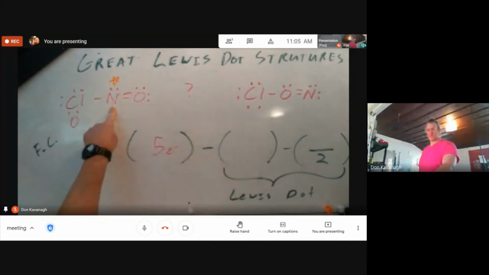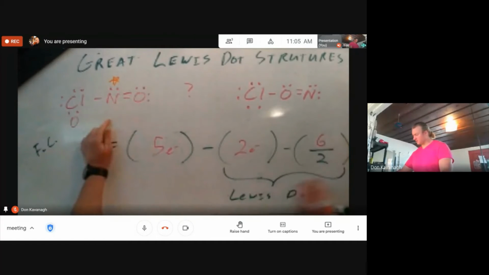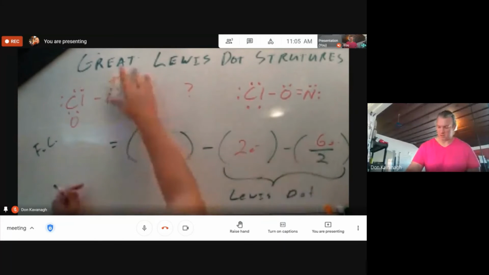From the Lewis dot structure, this has 2 electrons in lone pairs. And nitrogen has 6 electrons in covalent bonds. 5 minus 2 minus 3, that's also 0.